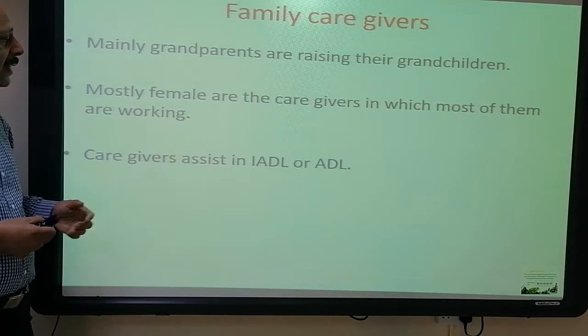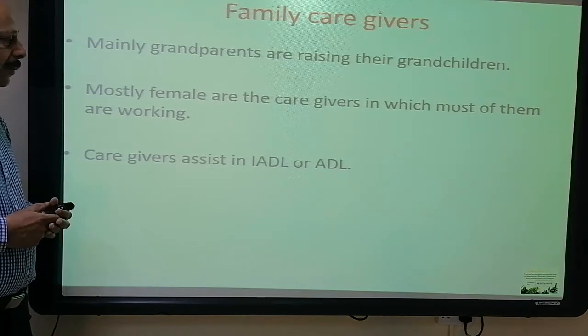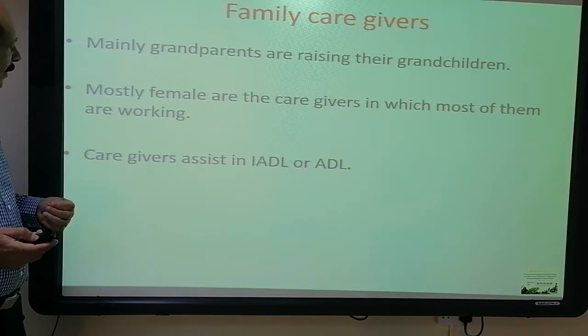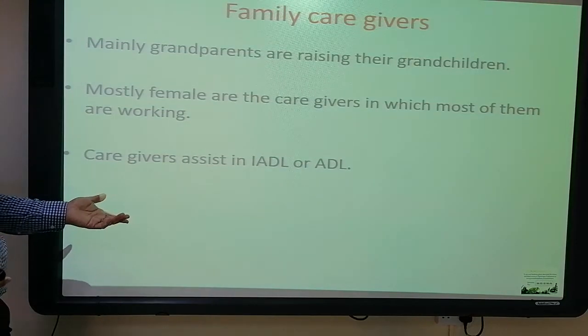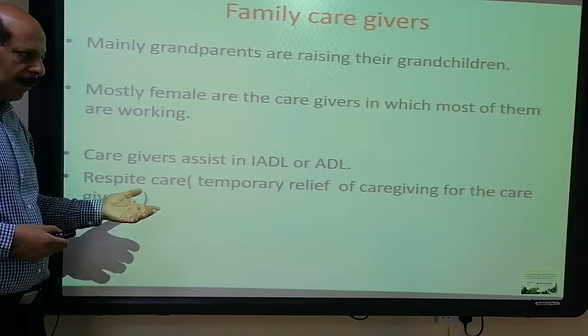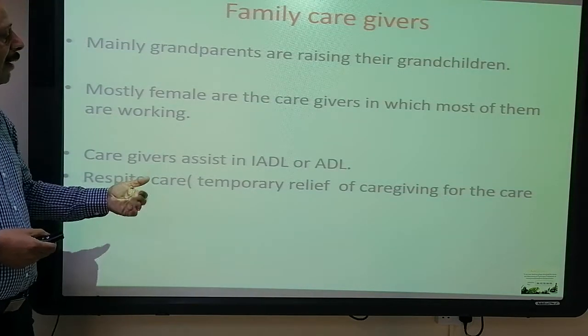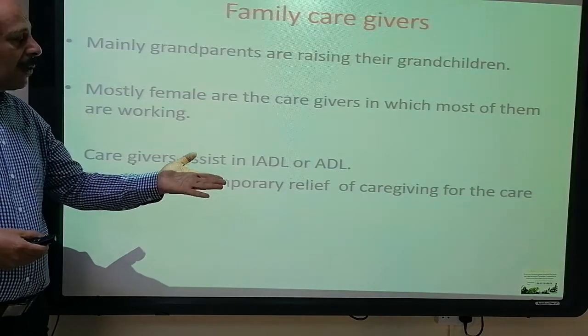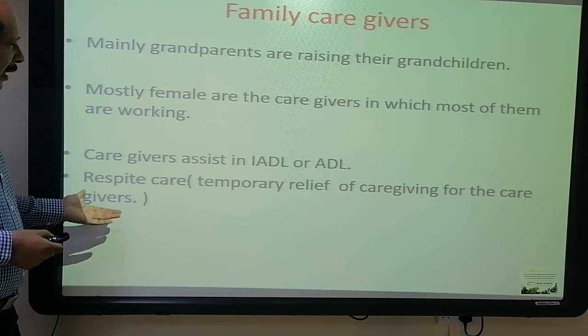The caregiver assists in daily activities of living, so they can help the client to do his activities of living. Also, respite care, temporary relief of caregiving for the caregiver.